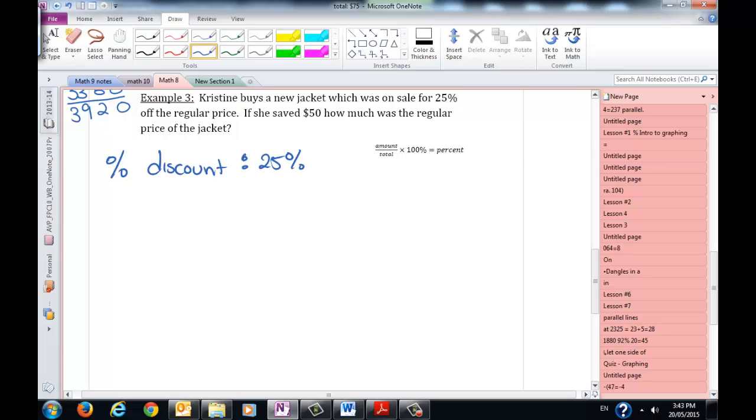I know she saved $50, so my amount discount is $50. I want the regular price of the jacket, so I want the total price of the jacket.